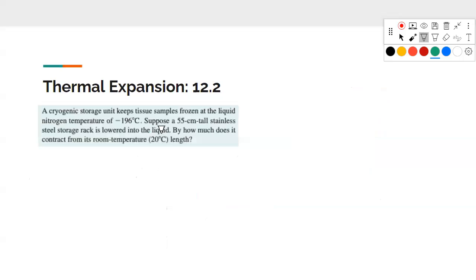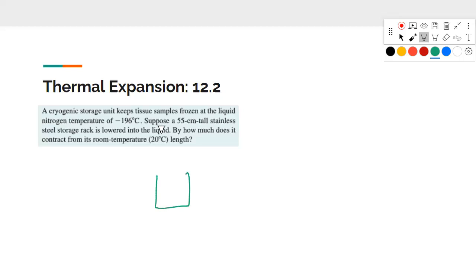A cryogenic storage unit keeps tissue samples frozen at the temperature of liquid nitrogen, which in Celsius is -196. That's the boiling point of liquid nitrogen. Suppose a 55 centimeter tall stainless steel storage rack is lowered into the liquid. How much does it contract from room temperature length?